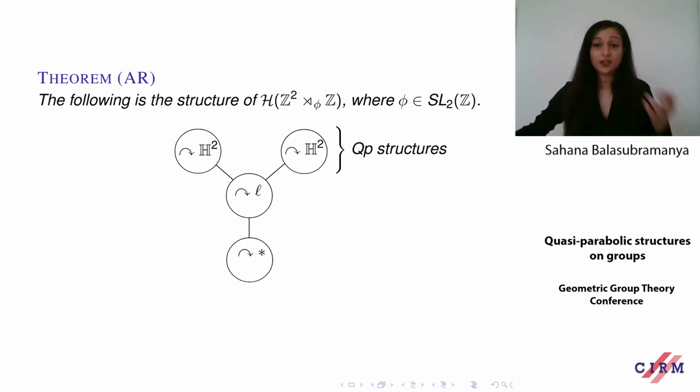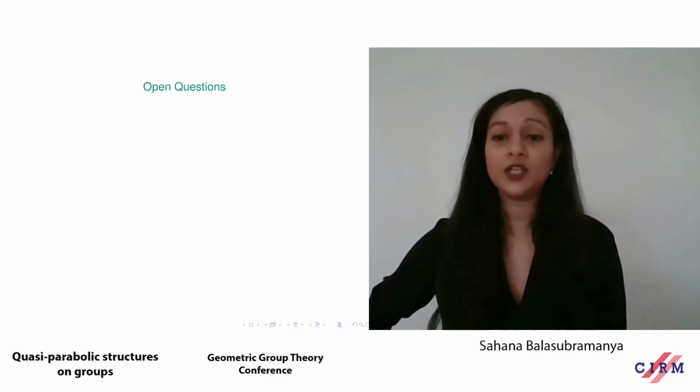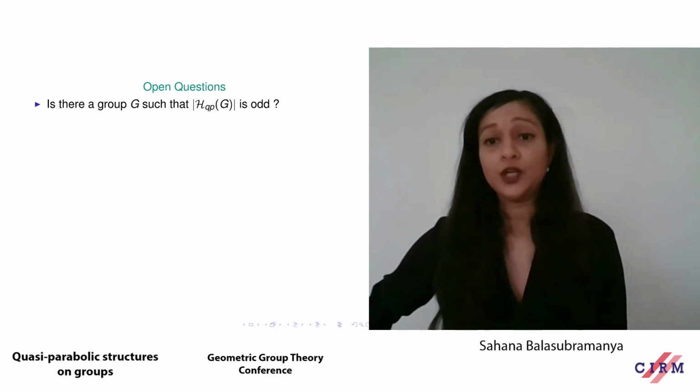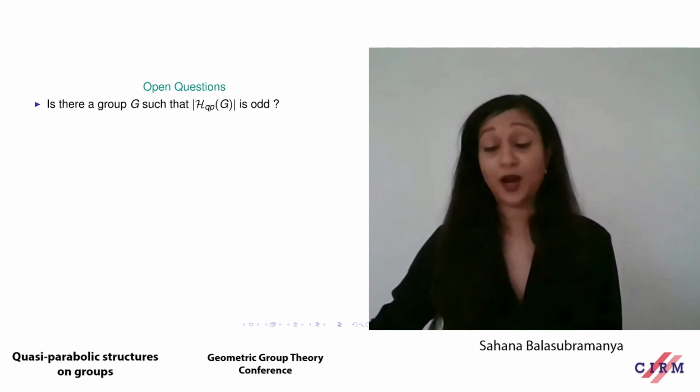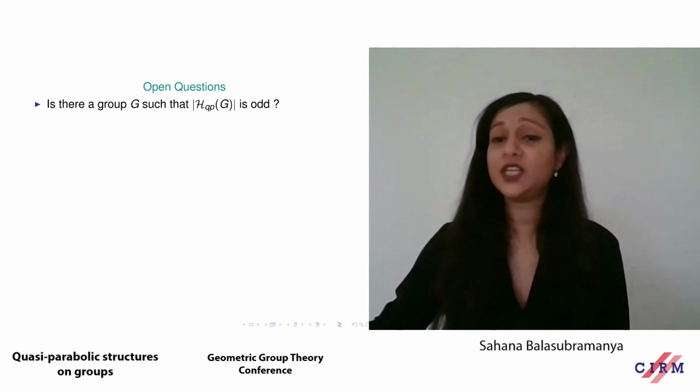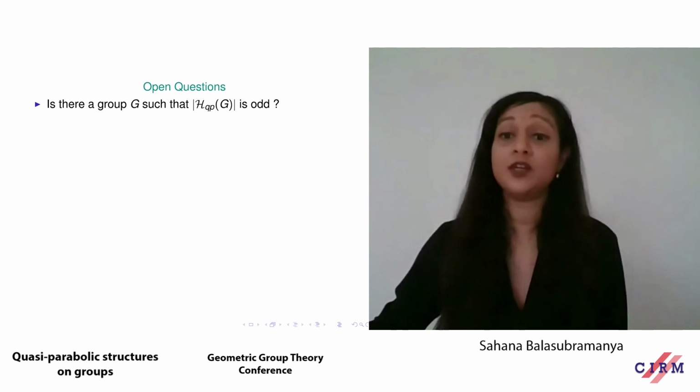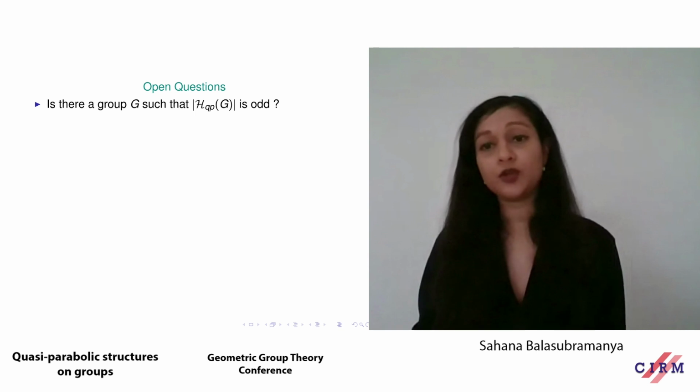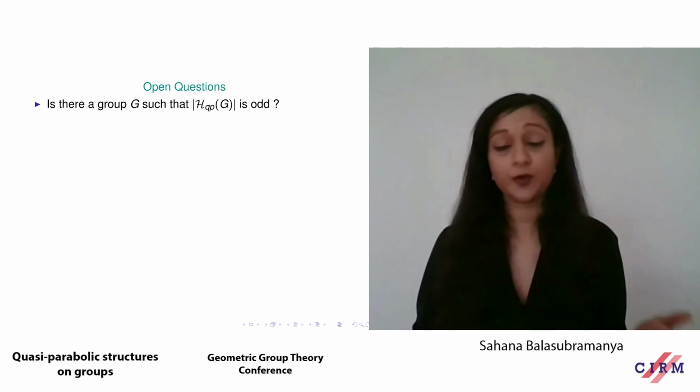So together with Alex and Carolyn, we're currently working, and what are some of the questions we're interested in? Well, we want to know, does there exist a group that has an odd number of quasi-parabolic structures? Because all of the examples we know so far have an even number. For the lamplighter groups, it's twice the number of proper subgroups of Zn.